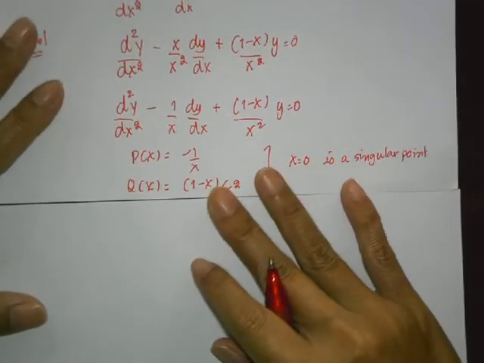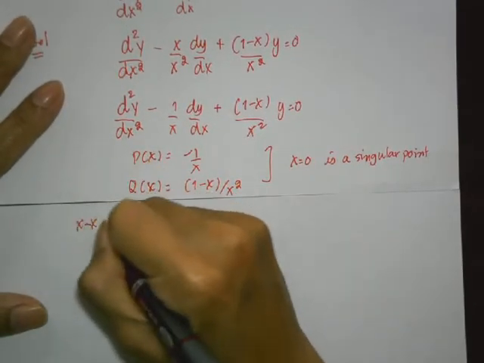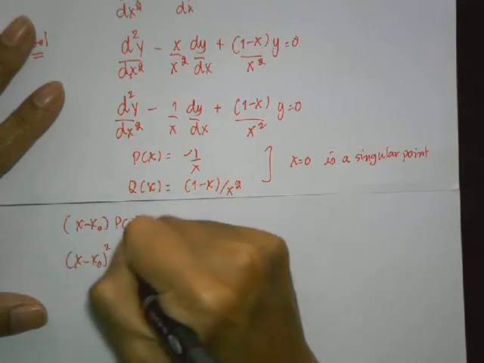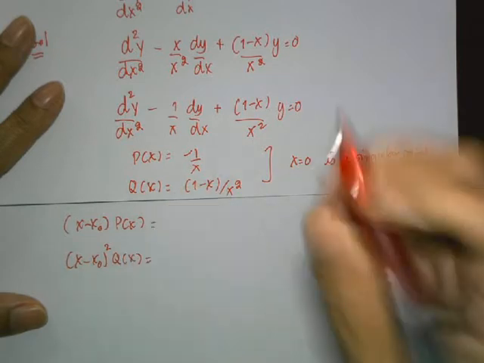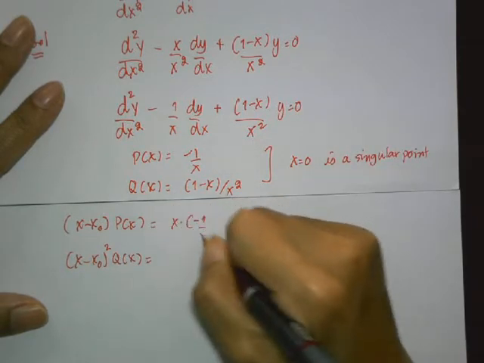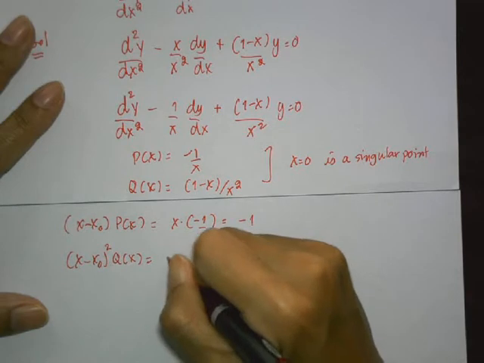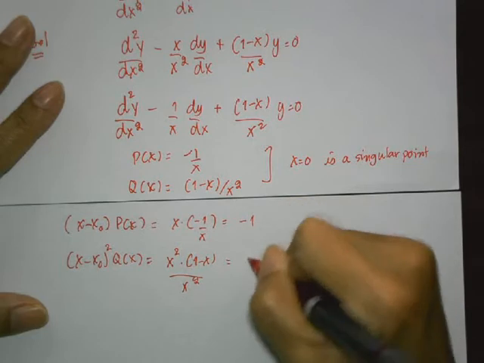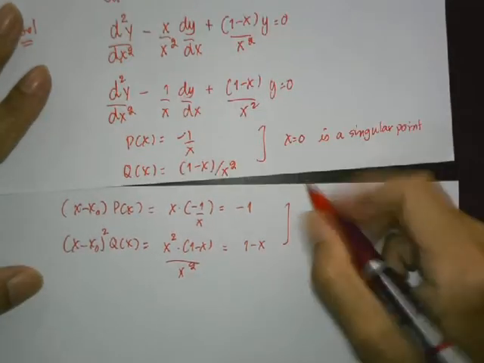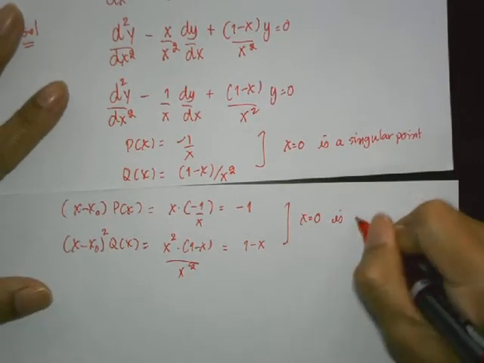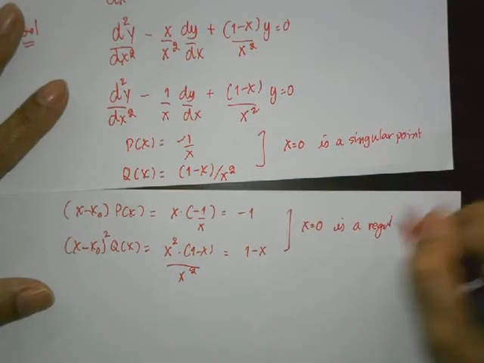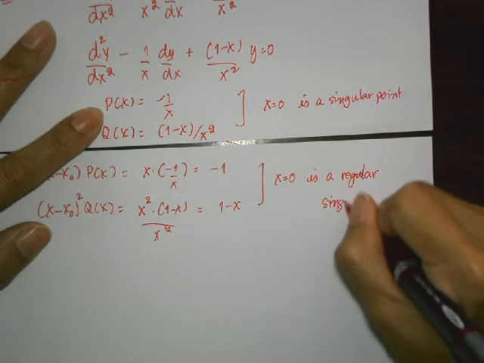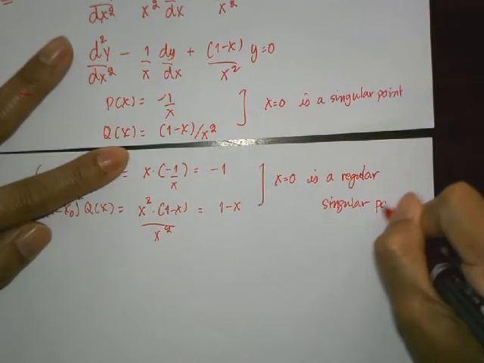We consider this term and x times p(x), and the other term.